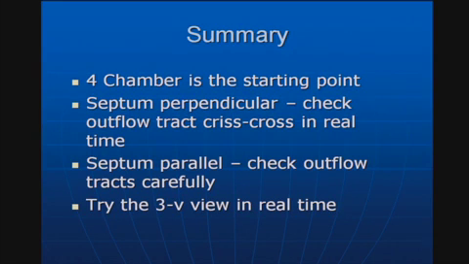If that septum is perpendicular to the ultrasound beam, it's very easy to see the outflow tracts crisscross. If it's parallel, you have to check the outflow tracts very carefully, and you should try this three-vessel view in real time.